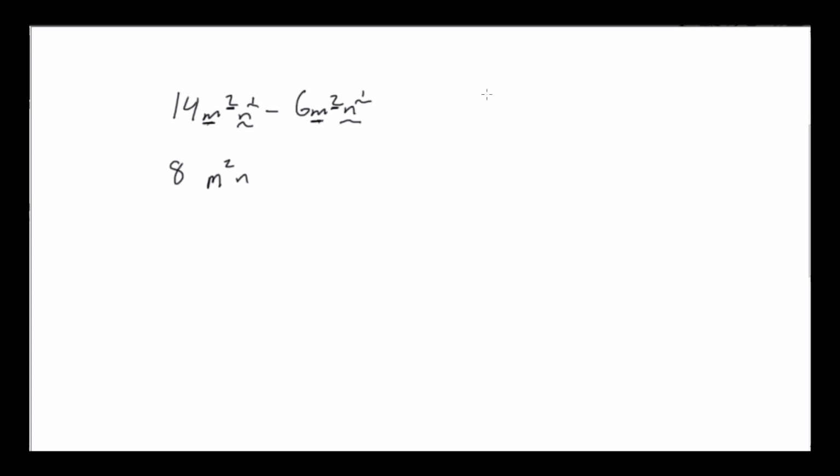So now this is not on the pretest, but I'm going to go ahead and come aside and show you what to do if you end up with something that's not the same. So if I have m squared n cubed n plus m squared n to the fourth, can we add those together?